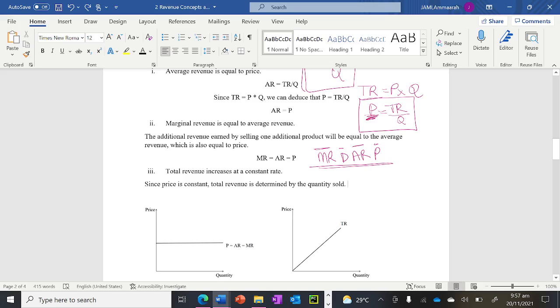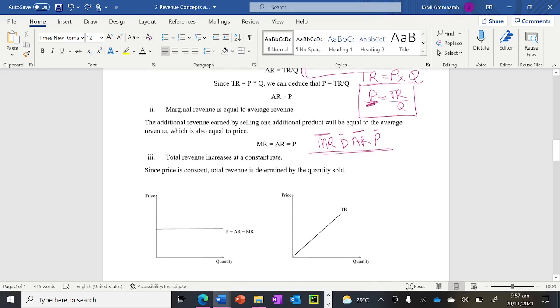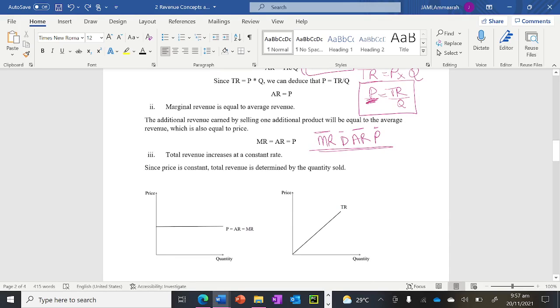Alright. And total revenue increases at a constant rate. Since price is constant, total revenue is determined by the quantity sold. We know that price is fixed and price is equal to average revenue, which is equal to marginal revenue. If it is fixed, it does not change. So you could produce 1 unit of output, 2 units, 3 units, 4 units. It's not going to change.